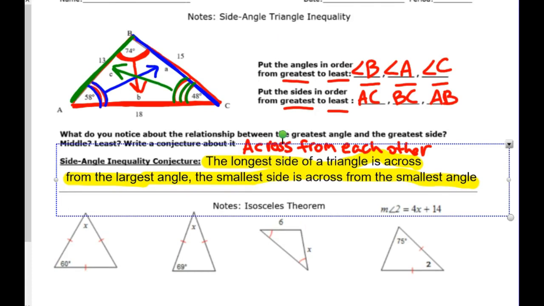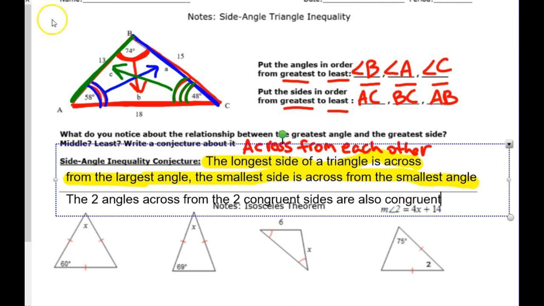Down at the bottom for the Isosceles Theorem, we talked about this when we learned isosceles, and now we're going to apply it. But you can write this up here at the top of the bottom section. The two angles across from the two congruent sides are also congruent. It also works vice versa.